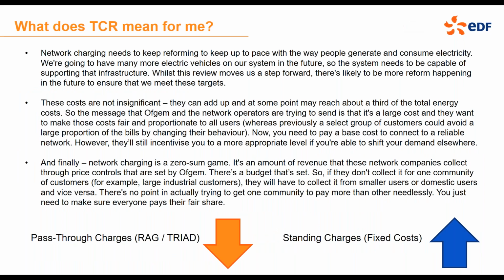I'm not going to read all this out because it's really wordy, and I've probably gone a little over the time I intended to anyway. There's probably a recap of some of this in the whole webinar. These changes are in to reflect the fact that the grid works differently from how it was originally designed, and how those charging structures were designed to incentivise behaviours.